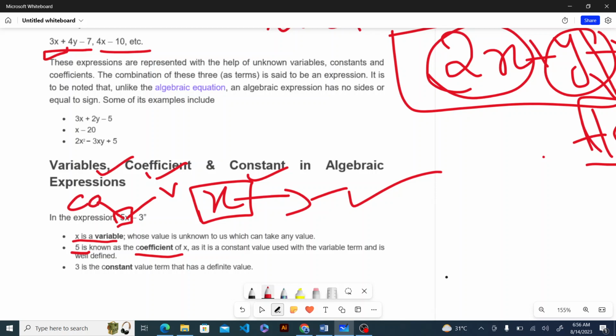Now the thing which is after the minus sign is 3. 3 is the constant value, that term that has a definite value. So this was all about algebraic expressions, and about variables, coefficients, and constants in an algebraic expression.